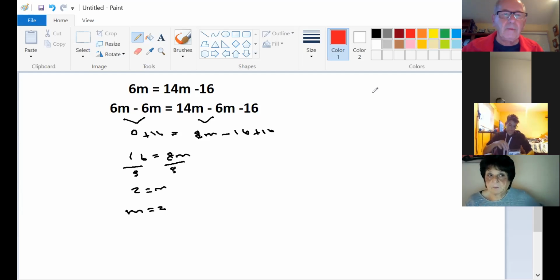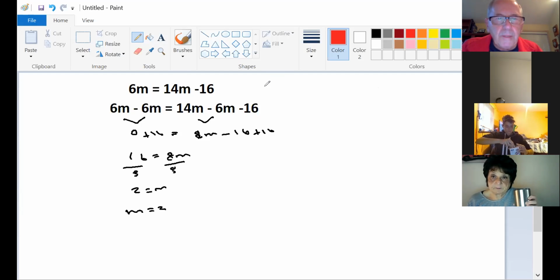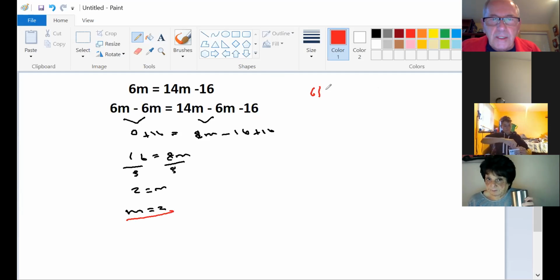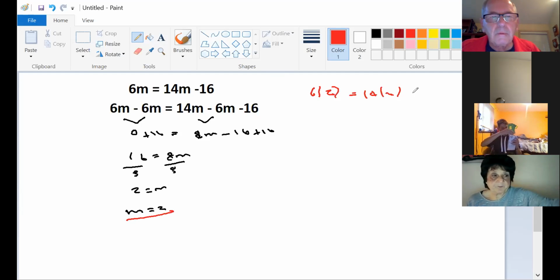So it does work. Maybe it looks weird: how can 6m equal 14m? Well, it can only be equal if you've got this negative 16 in here. We got the answer of 2, and part of these problems was to check your work. How do you do that? You take that 2 and put it back in for m. So 6 times 2 is equal to 14 times 2 minus 16.